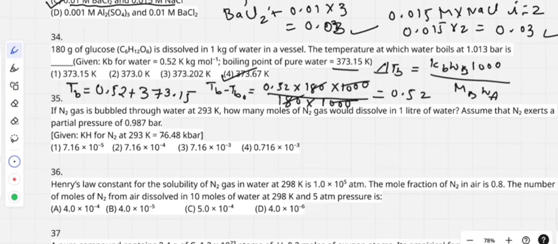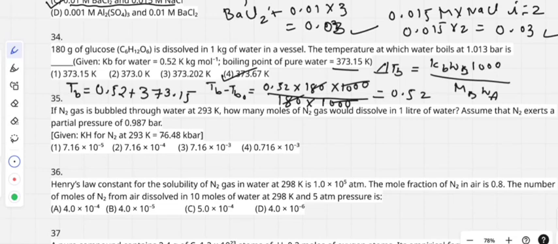Next question. Question number 35. If nitrogen gas is bubbled into water at 293 K, how many moles of nitrogen gas would dissolve in 1 liter of water? Assume that nitrogen exerts a partial pressure of 0.987 bar.